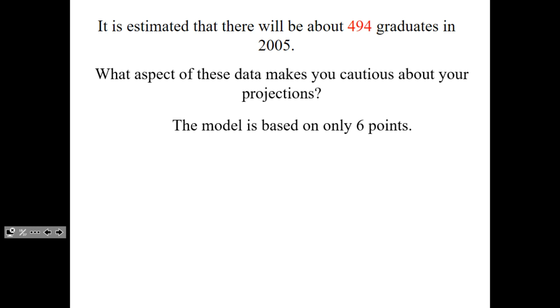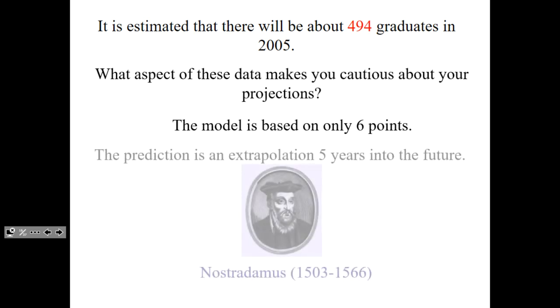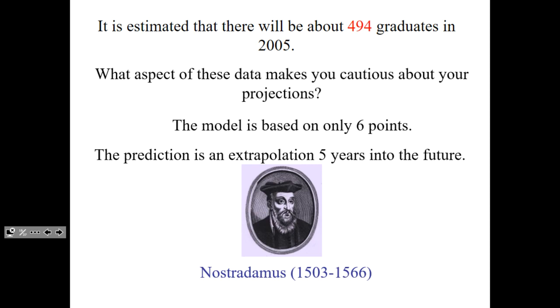I'm making an estimate or a prediction based on something that's outside the range of my data. Anytime I'm extrapolating, I need to be less confident in that prediction. So I'm going to be a little bit more cautious in this. My prediction's 5 years into the future. I'm trying to make predictions about the future. That can be a dangerous proposition. So I'm going to be a little cautious on that.